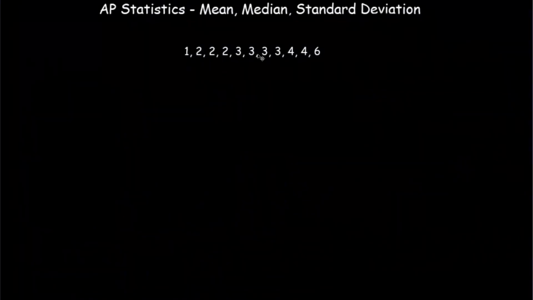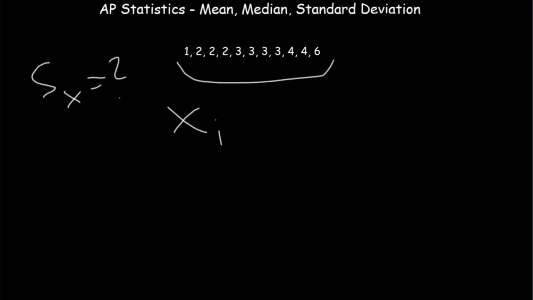We have 1 1, 2 3s... we have 1 1, 3 2s, 4 3s, 2 4s, and 1 6. Now we want to know what the standard deviation is. Well, to figure out the standard deviation, if we refer back to our formula, we need to know a few things. We need to know x of I, which is pretty much each and every one of these values, so we don't really have to do anything there.